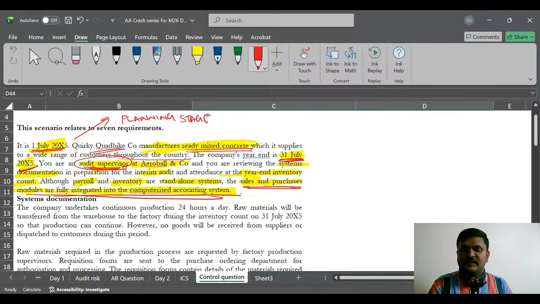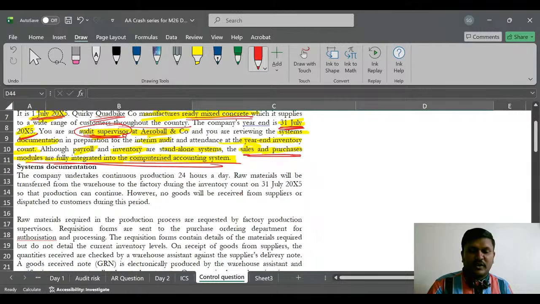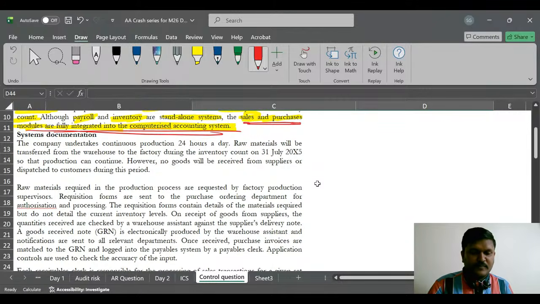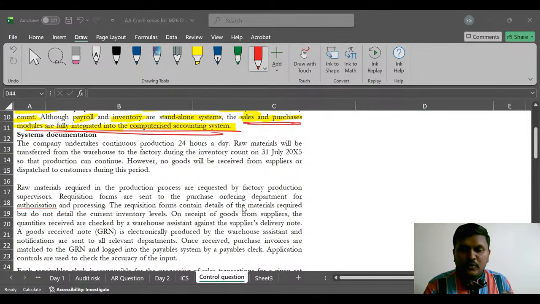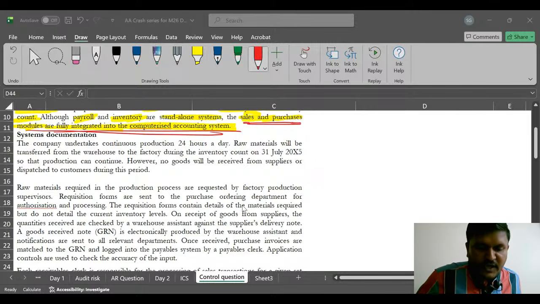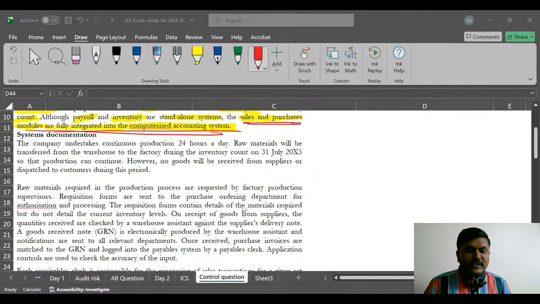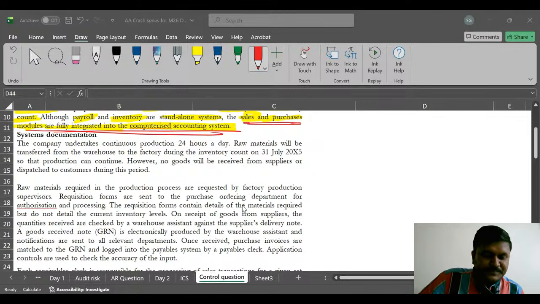Now let's read through the system documentation over here. I would need help from you guys also. To identify this, you can interact in the chat box. Yes, the company undertakes continuous production 24 hours a day.